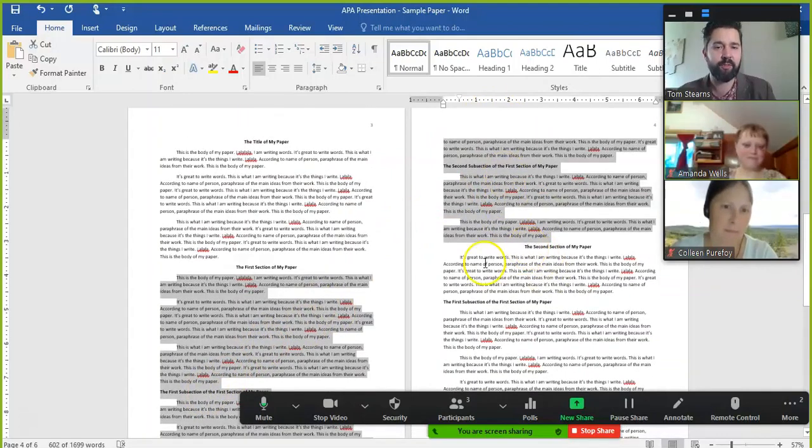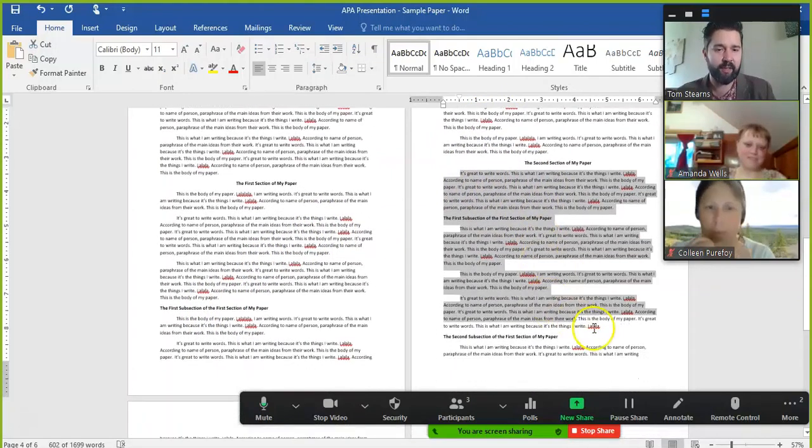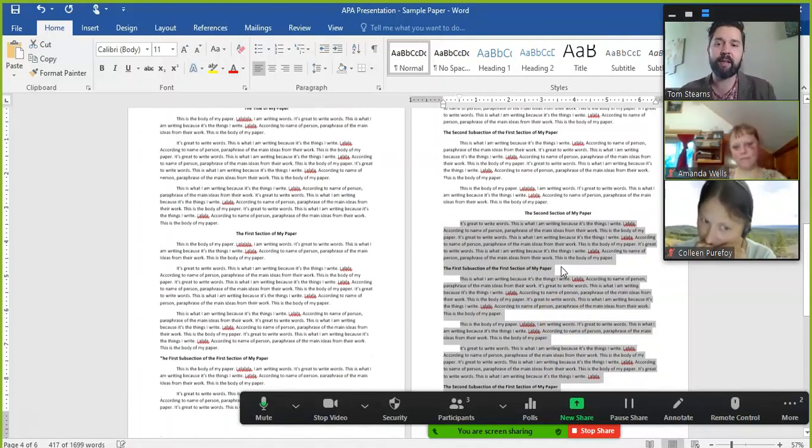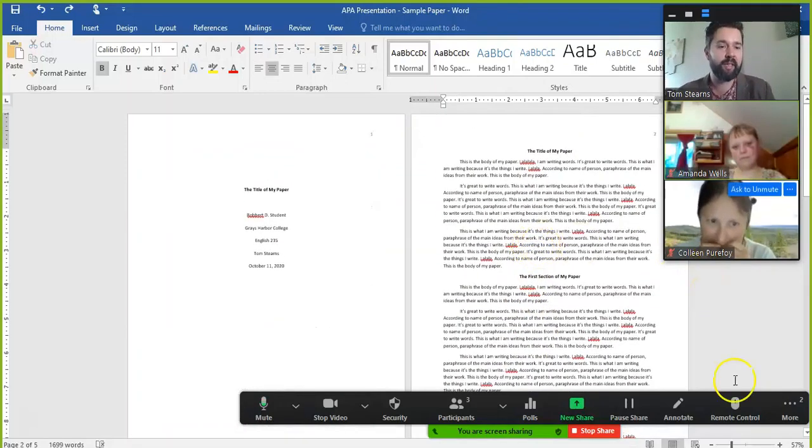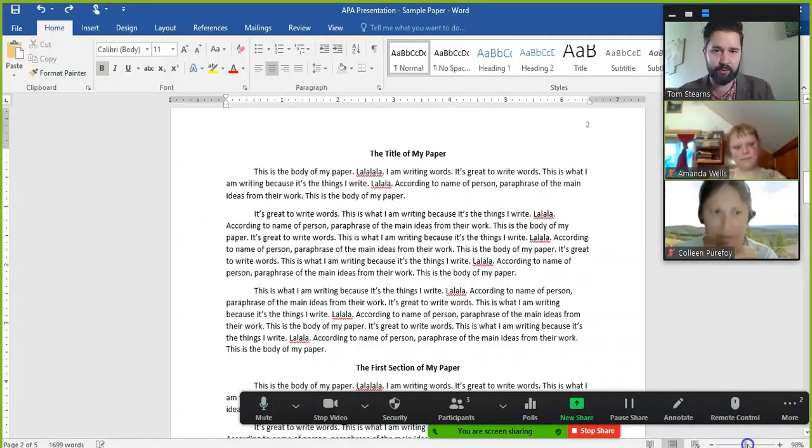And now here's the start of the third section, and now it's divided up into subsections. So for this reason, these details for the APA formatting are really important to pay attention to, because they give subtle information to the reader about what they're reading, so they can stay on track and not get confused.